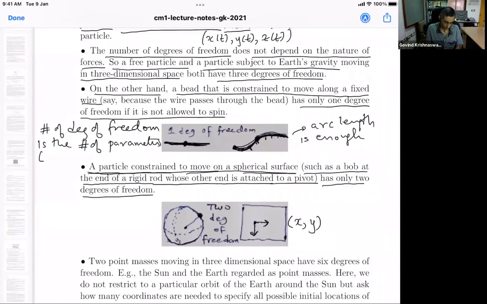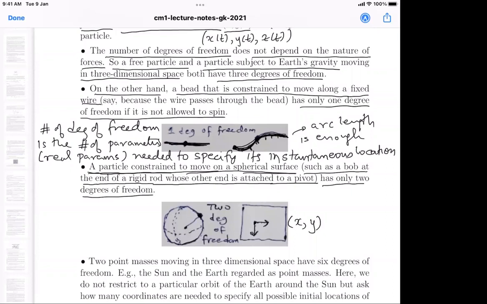And when I say parameters, I mean real parameters needed to specify its instantaneous location.